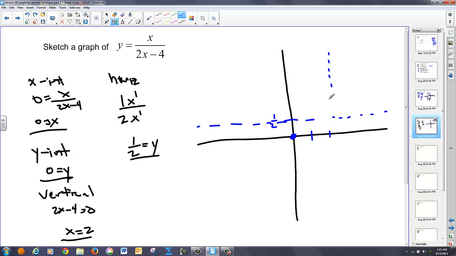Vertical asymptote of 2. And in this case, I can say a lot about this graph because I know it only crosses the axis in one spot and it has to approach this line as x gets very big, and it can never touch this line. Therefore, it has to go down like this and over like this.